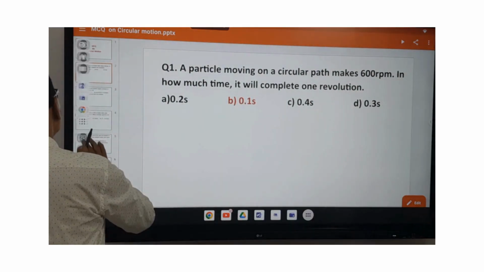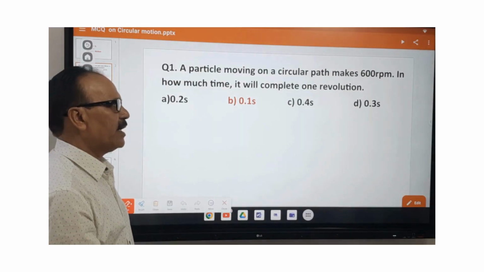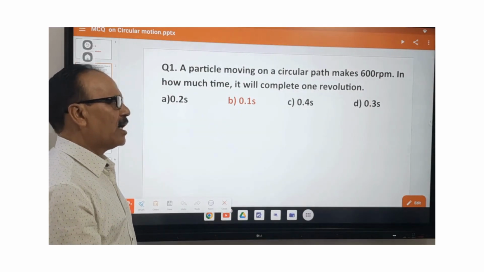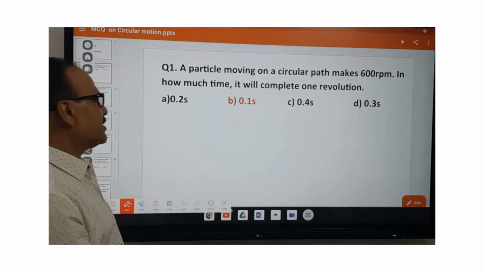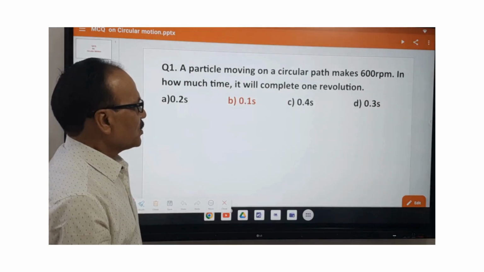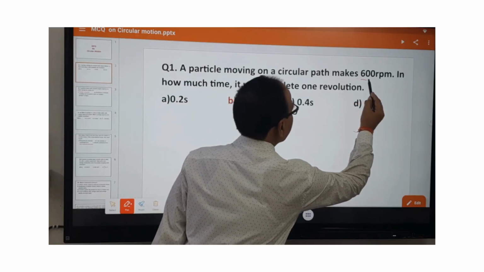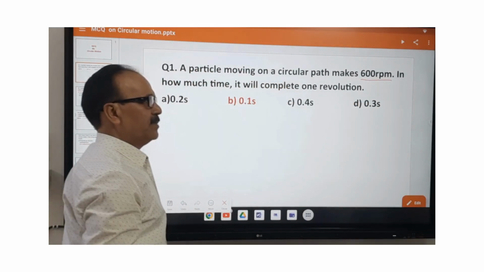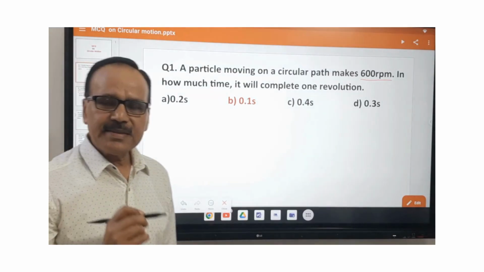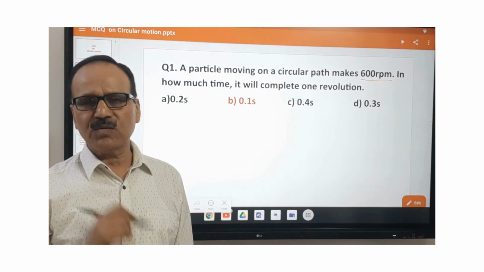Here in this question, a particle moving on a circular path makes 600 rpm. In how much time will it complete one revolution? So here it is given 600 rpm. Remember, this is the angular frequency of the particle performing circular motion.